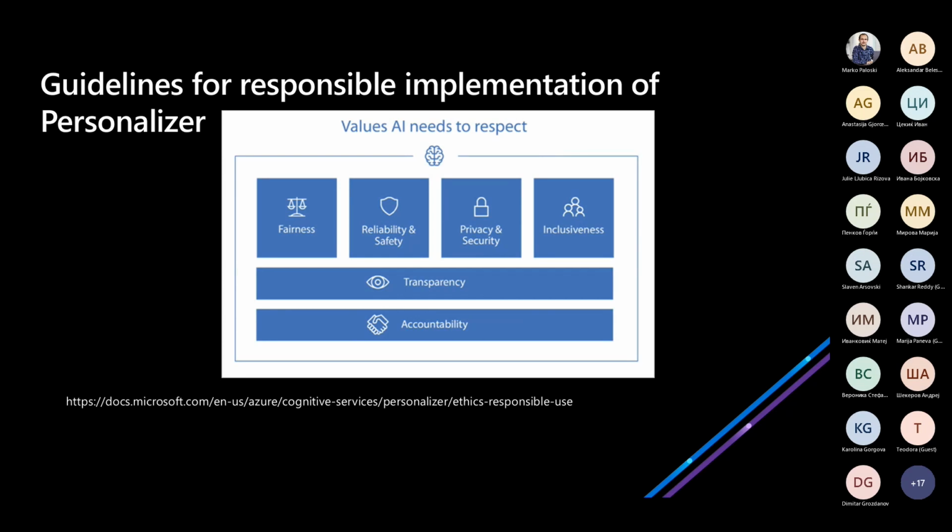So that's something important to keep in mind with the new guidelines. And also, of course, keep the AI inclusive and transparent. And also, lastly, make the people that have designed the AI Personalizer accountable for the kind of need that they want to use it for in their app. So keep that in mind.